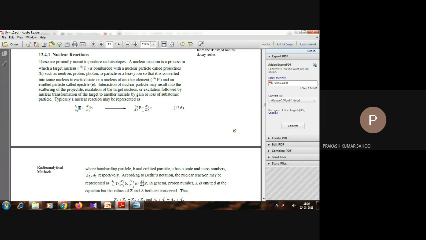The product will be P with Z2, A2, plus E, that is the secondary particle which is liberated, with atomic number Z2 dash and mass number A2 dash.